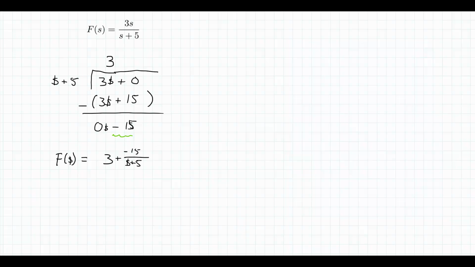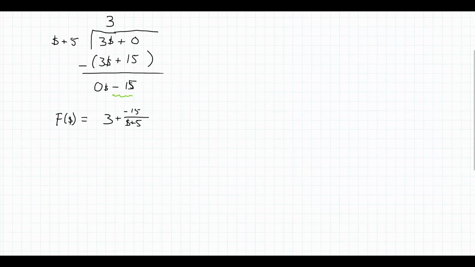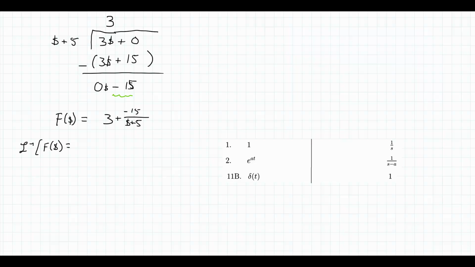Now I have terms that do appear on the inverse Laplace transform table. So I will be able to do the inverse Laplace of both sides. Taking the inverse Laplace transform of the left-hand side, this F of s, and the inverse Laplace of the right-hand side, I will skip some of the steps here. Right away, for the first term, I can pull the 3 out, so I'll have the inverse Laplace transform of 1.